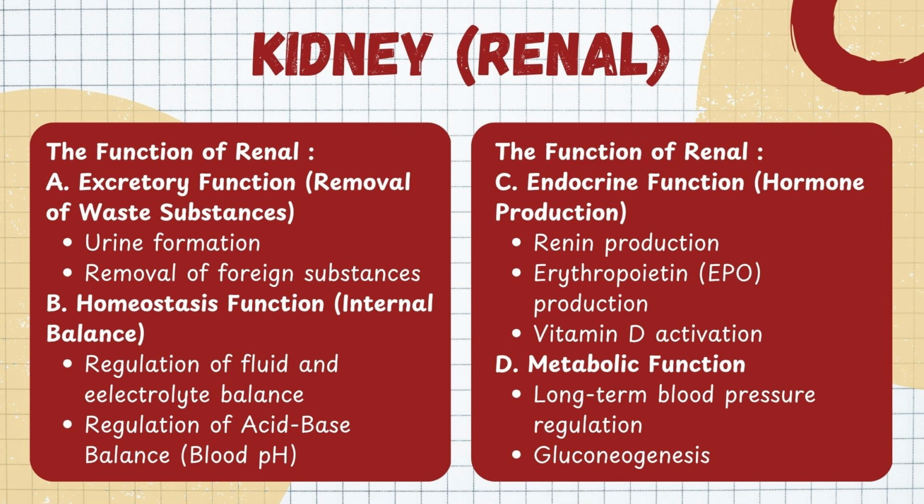C, endocrine function or hormone production, for renin production and erythropoietin or EPO production, and for vitamin D activation. The last is metabolic function, for long-term blood pressure regulation, and for gluconeogenesis.